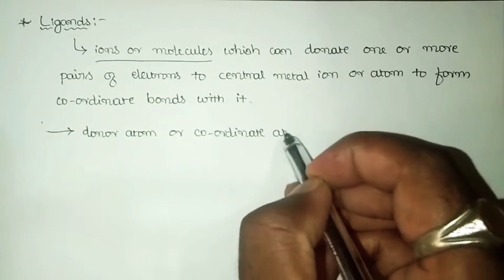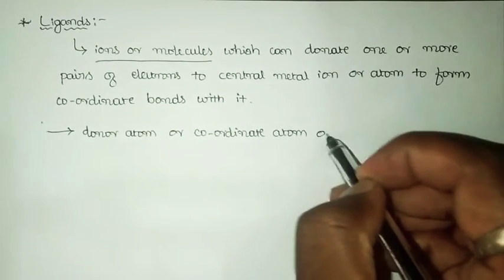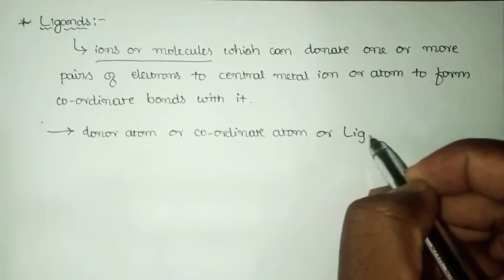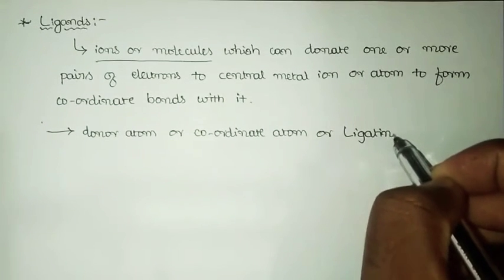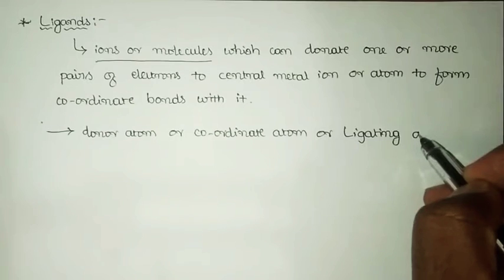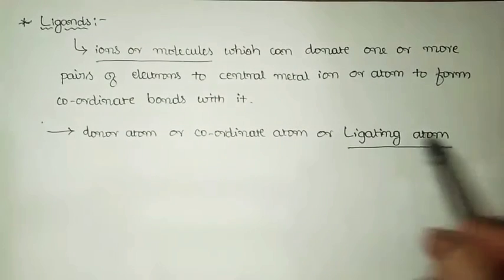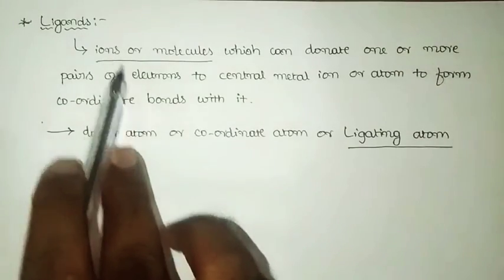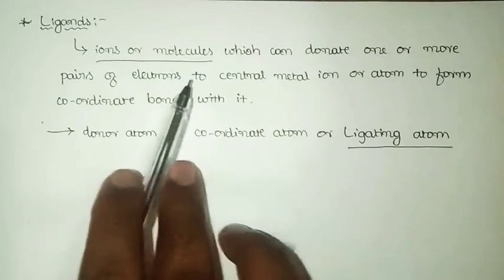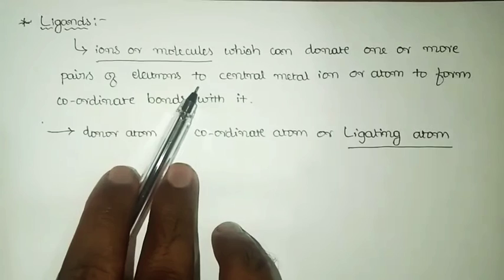But in general, we used to call that atom the ligating atom. Ligating atom. This is the word we regularly use for the atom of the ligand which donates the electron pairs to the central metal ion.